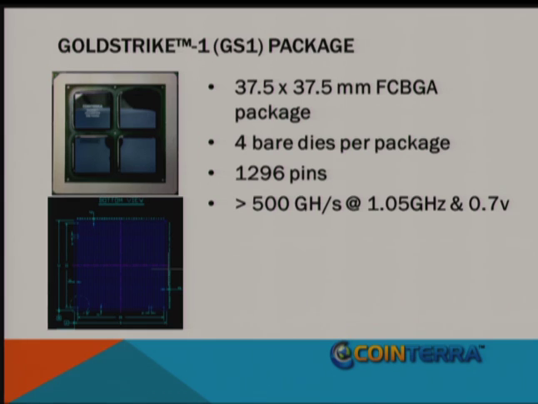At 0.7 volt and 1.05 gigahertz, each die can deliver 125 gigahashes per second and consumes about 125 watts of power. So the package can deliver 500 gigahashes per second at 1.05 gigahertz and 0.7 volt, consuming about 500 watts of power.